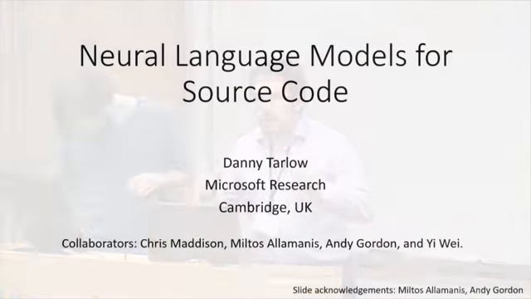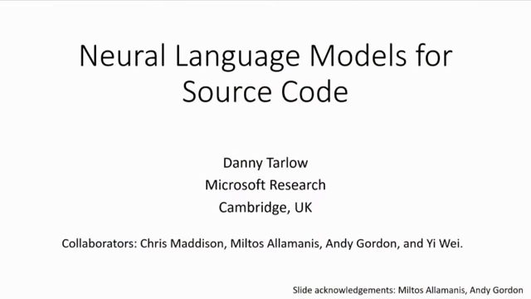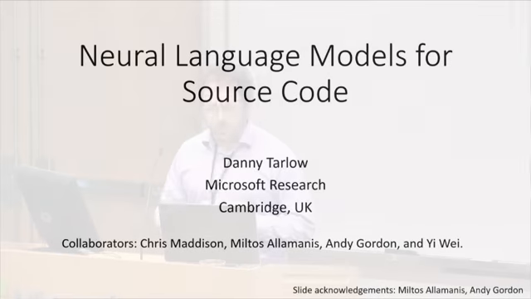Good. And coming from a machine learning perspective, we have Danny Tarlow from Microsoft Research. So although in a physical sense he's come a very long way to be here, in a logical sense, he hasn't really traveled at all.